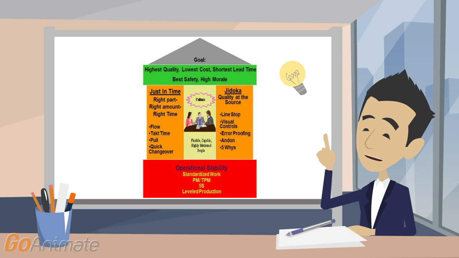The next pillar is quality at the source. This pillar represents the idea that we never knowingly pass defective products to our next downstream customer. We prevent this from happening by implementing tools like line stop, which empowers operators to stop the line and address a problem when it occurs.